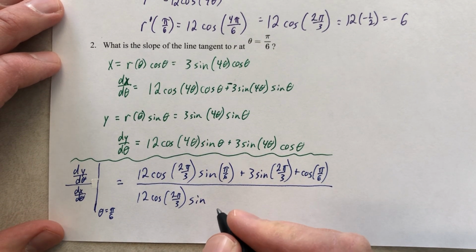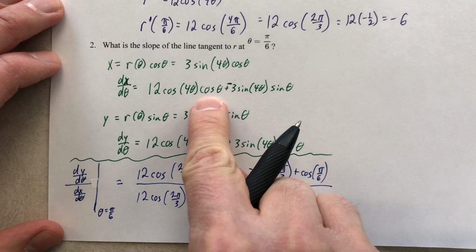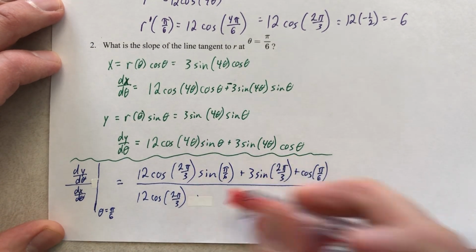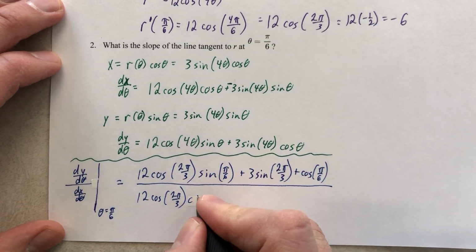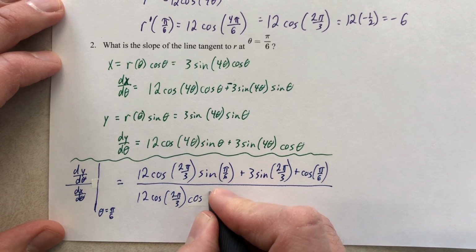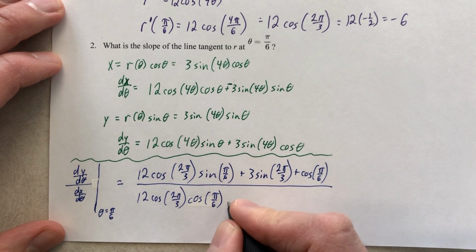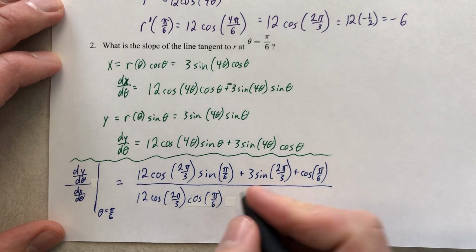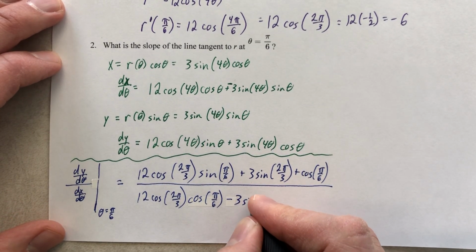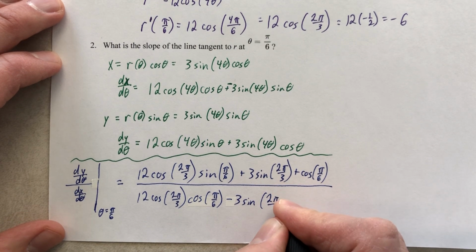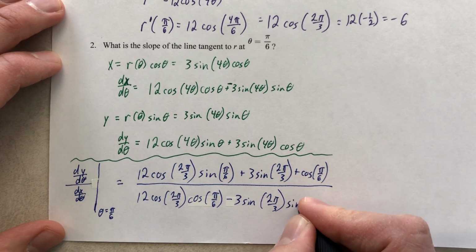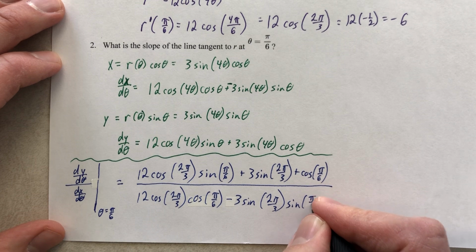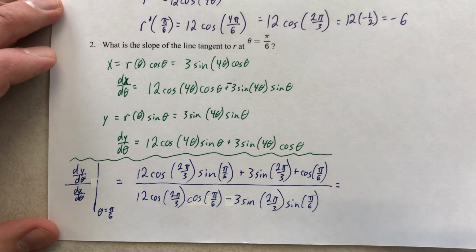See? Told you. Cosine. I should be here. Dx d theta. Cosine pi over 6 plus, minus, I'm thankful for whiteout, minus 3 sine 2 pi over 3 sine pi over 6. Okay, let's do some stuff in our head.